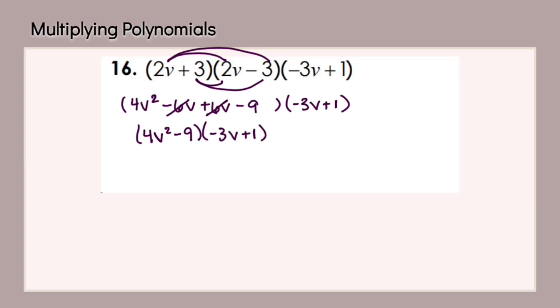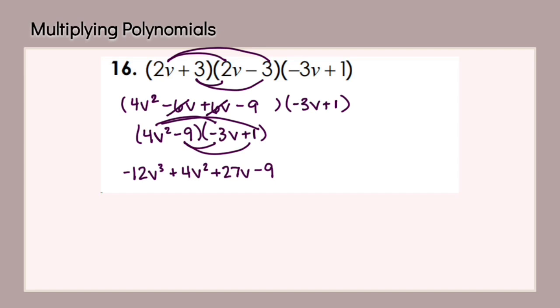And we'll repeat the same process we just did because once again we're multiplying binomials. So distribute the first term, then distribute the second term. 4v squared times negative 3v is negative 12v cubed. 4v squared times 1 is 4v squared. Negative 9 times negative 3v is positive 27v, and negative 9 times 1 is negative 9.